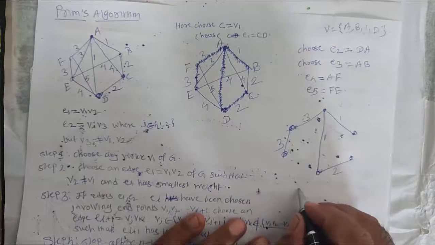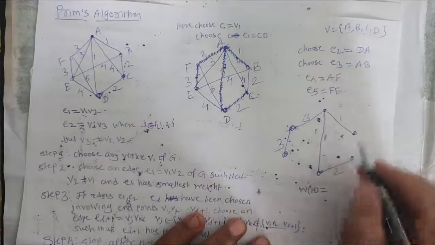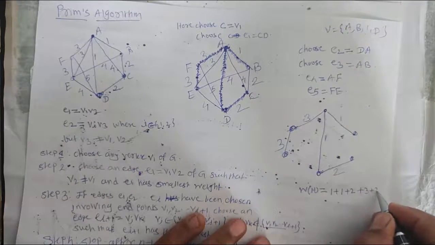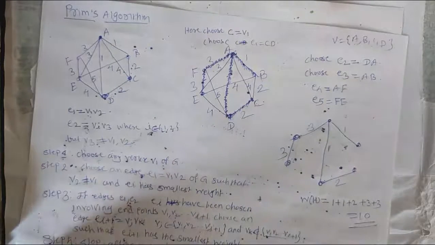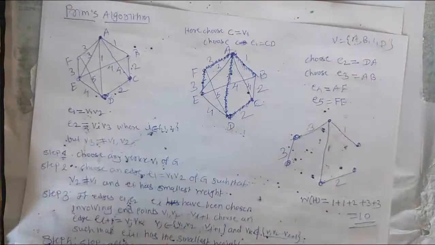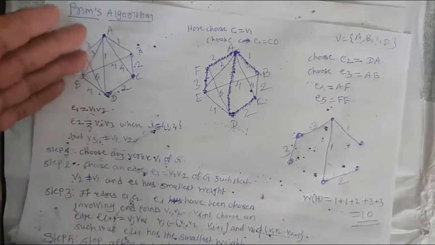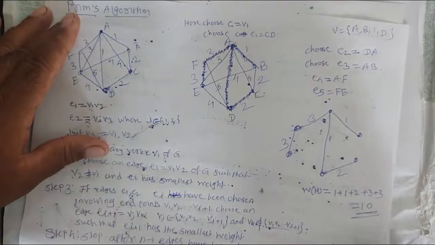Total weight W of the subgraph H is 1 plus 1 plus 2 plus 3 plus 3, here 10. That means the weight of the minimum spanning tree is 10. In the previous method by Kruskal's algorithm, for the same example, this weight is also 10.